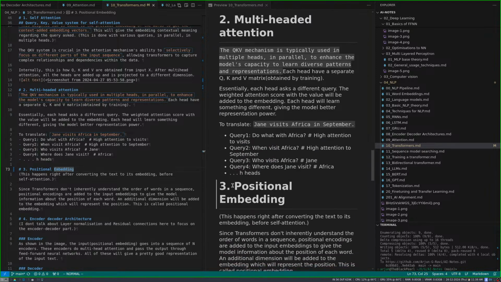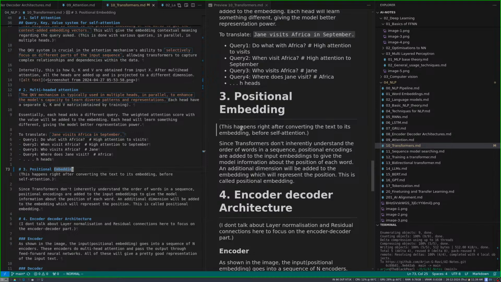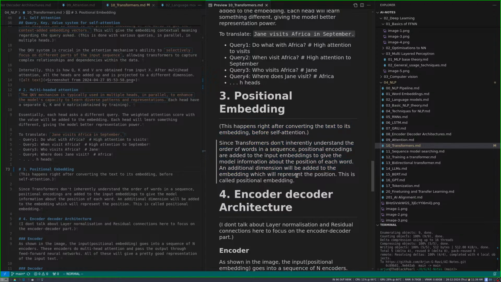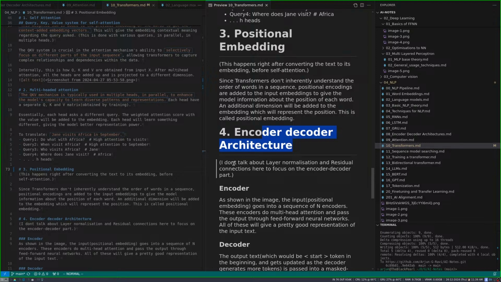This happens right after converting the text into embedding, before self-attention. Okay, I get it. Encoder decoder. I don't talk about the normalization or residual connection here to focus on the encoder decoder part. Okay.